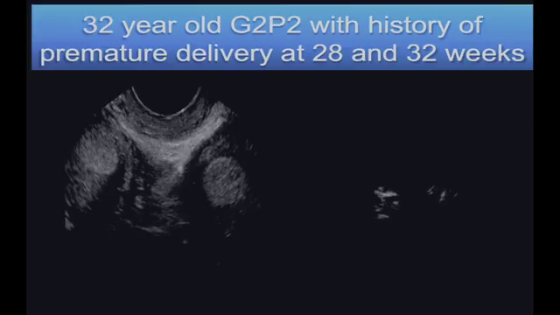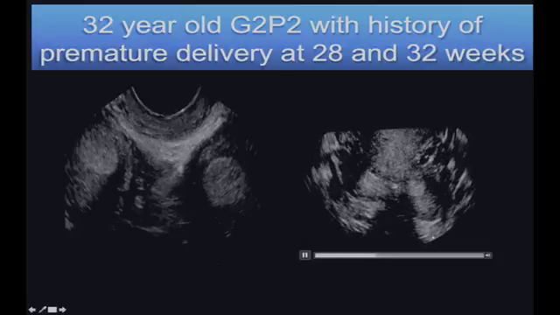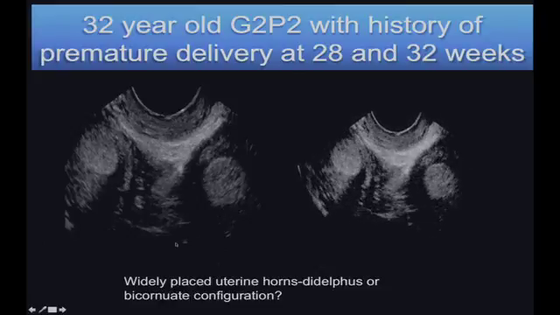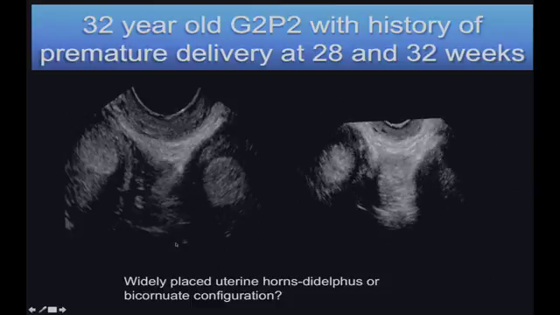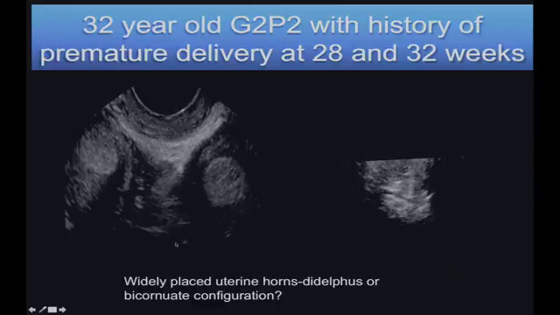So here we have another patient, a 32-year-old gravida 2, para 2, with a history of premature delivery at 28 and 32 weeks. And as we can see, very widely placed uterine horns. So is this a uterus didelphys, or is it a bicornuate configuration?